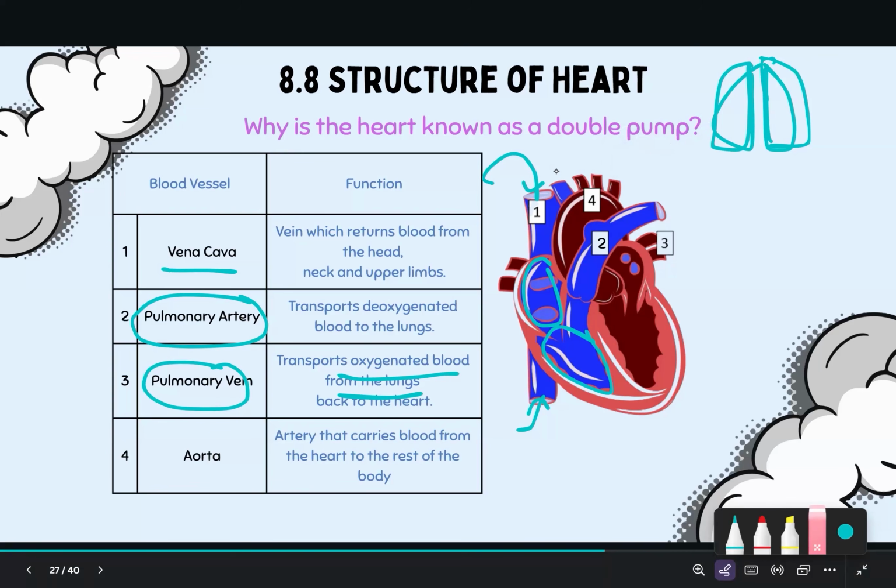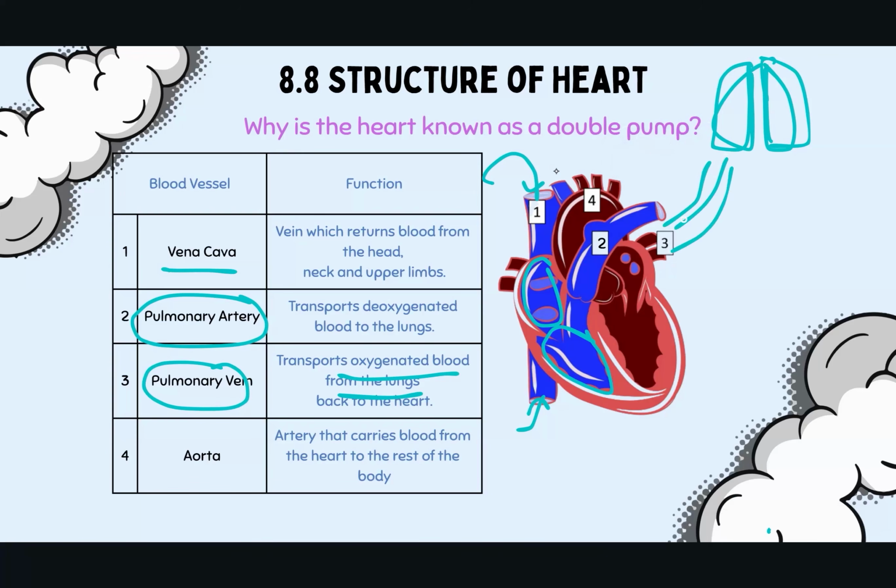It was right the first time. So it enters through here. The pulmonary vein takes the blood to the left atrium. The heart contracts, it goes through the valves and moves into the left ventricle, which has its thick muscular wall to deal with the additional pressure because of the oxygen.